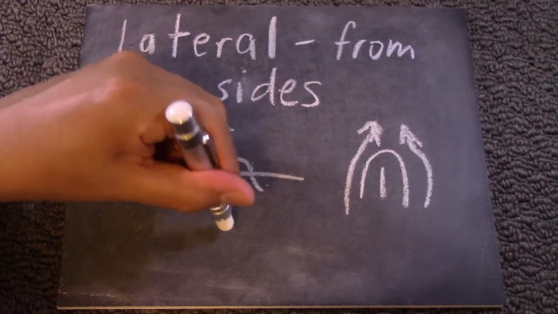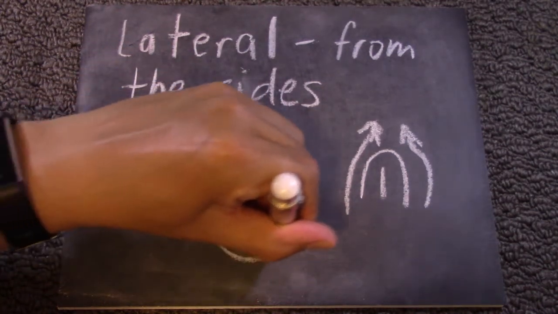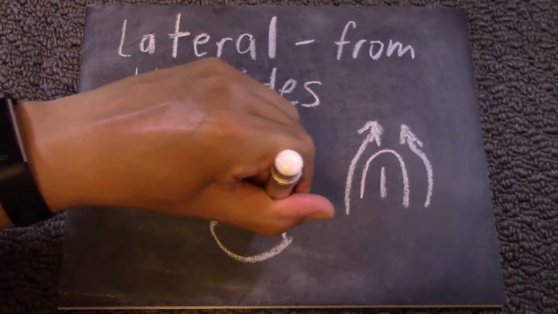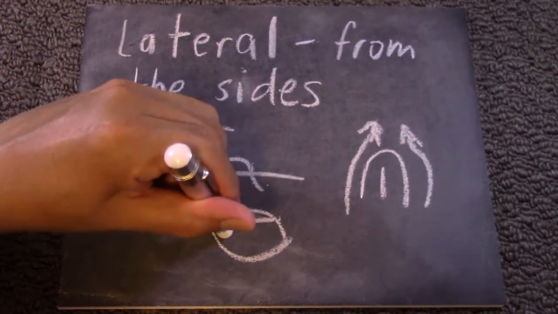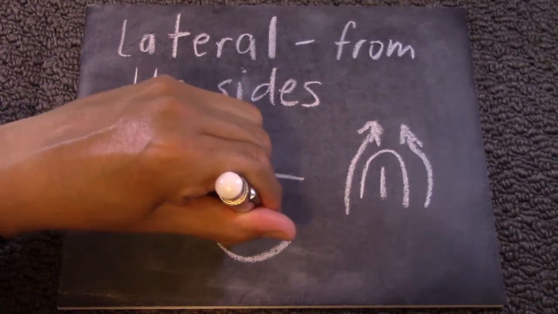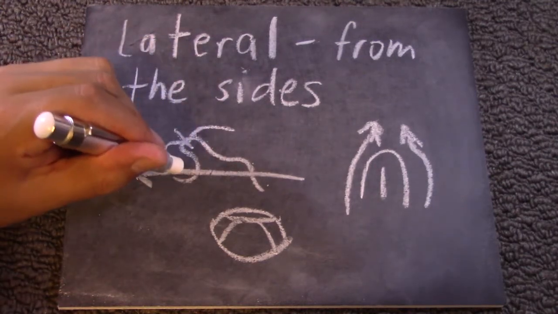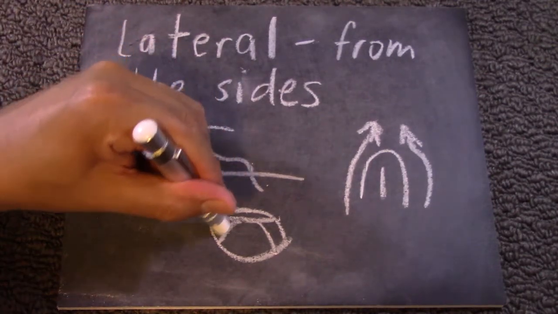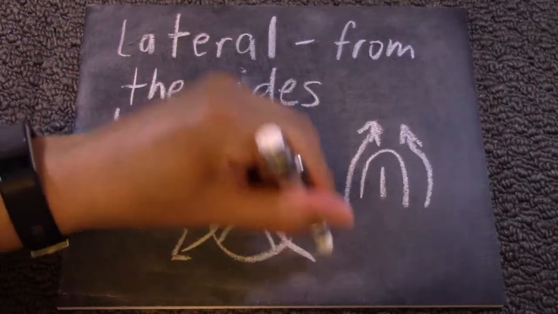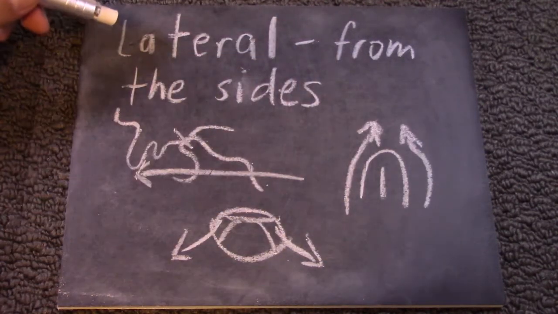If you look at a front view of your mouth, here's our teeth up here. Our tongue is going to come up and make contact behind our teeth. And then the air will come out through the sides. That's how we generate lateral sounds.